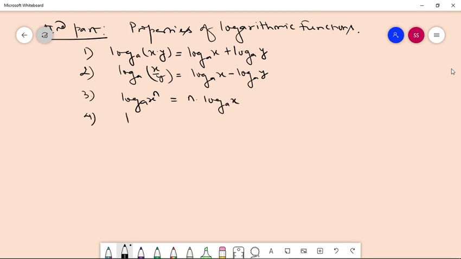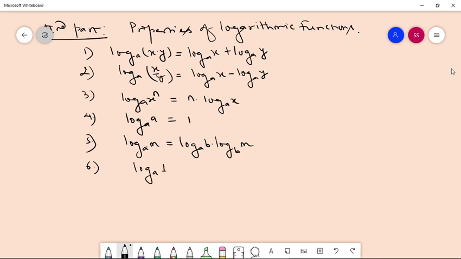Property number 4, log base a of a equals 1. Property number 5, log a m equals log a b times log b m.